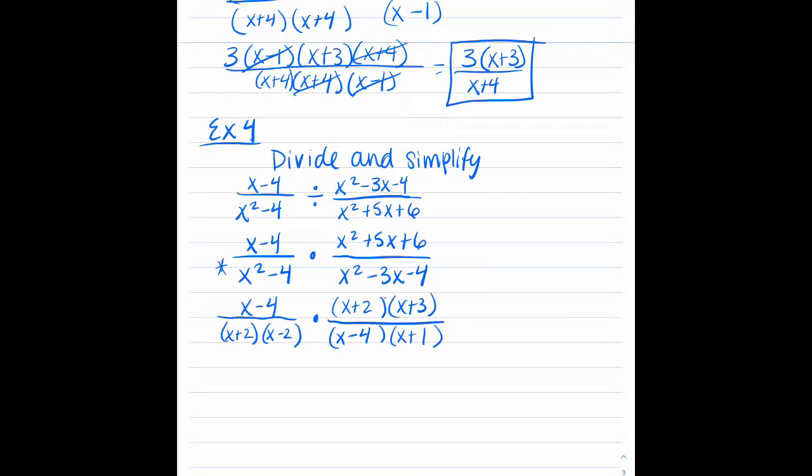So I can cancel out my x plus 2 on the top and bottom. That x minus 4 is basically in parentheses, so I can cancel that out with this x minus 4. And then I think that's it. So what's left here is on the top is just x plus 3, and on the bottom is my x minus 2 and my x plus 1, and then you're going to leave it like that. So that's your final answer. Okay.